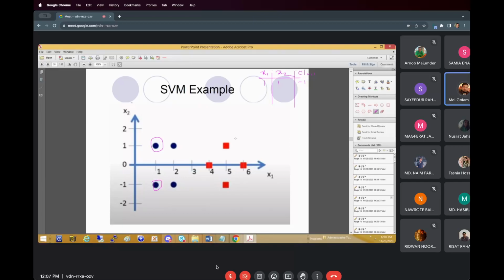This one is what? x1 is 1 and x2 is negative 1. So 1, negative 1, and it is also negative. Maybe we can consider this one: x equal 2 and y equal 1, also negative.